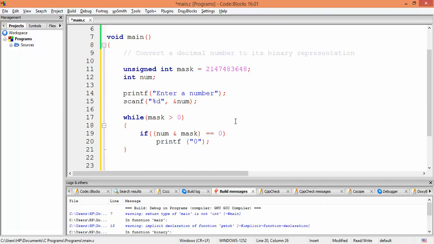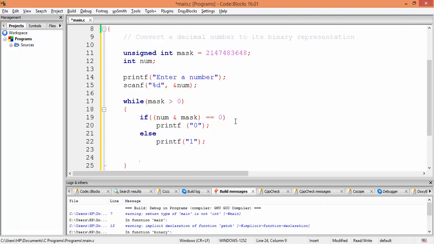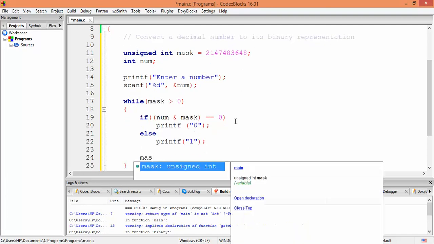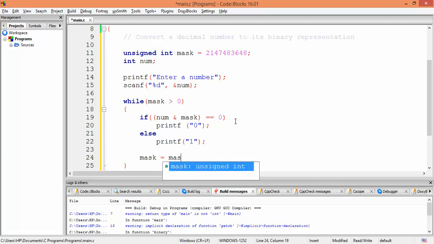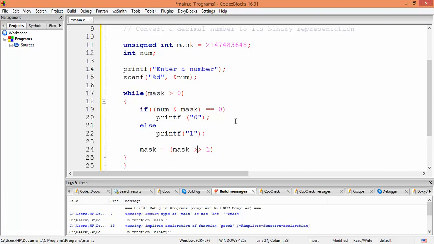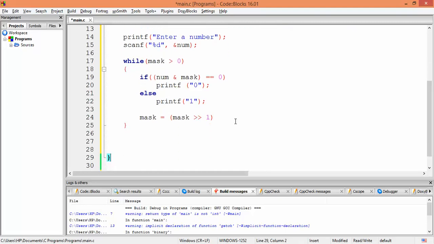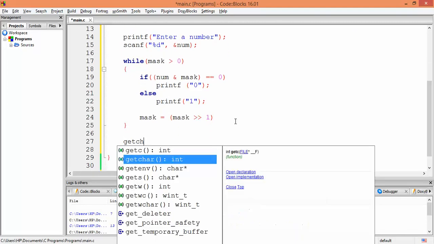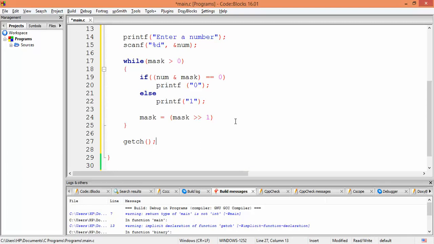Else we are going to display a 1 on the console. And after this if block, we are going to shift the mask by 1 bit. So we are done with our code.